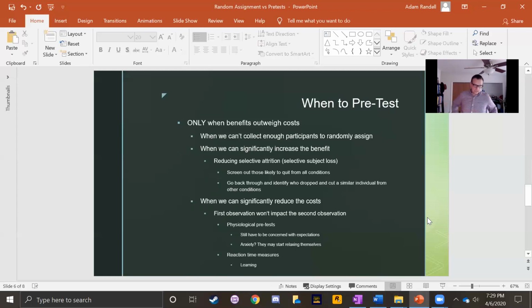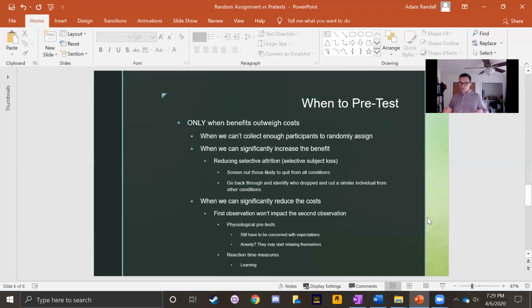So for example, let's say I'm giving you a physiological measure, and I want to measure your baseline anxiety. Well, if the participant catches on that you're measuring their anxiety, that might lead them to do things which would alter their physiological anxiety the second time around.